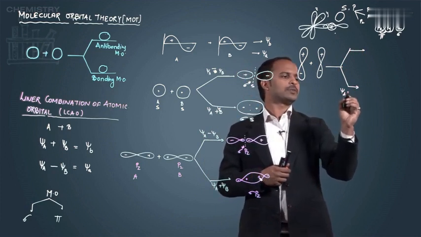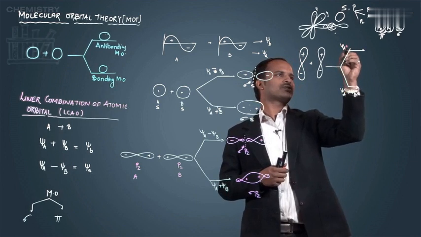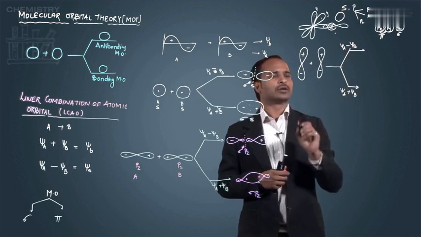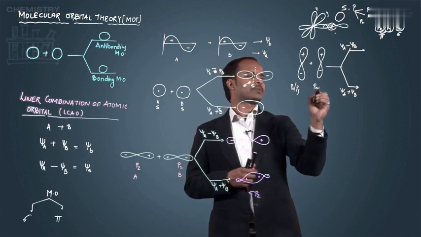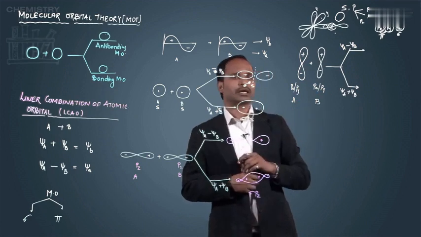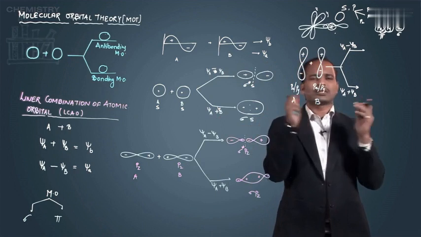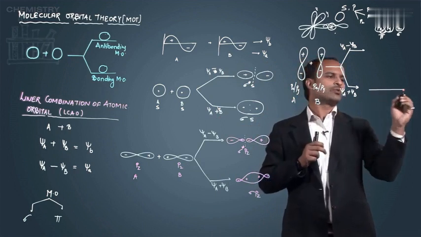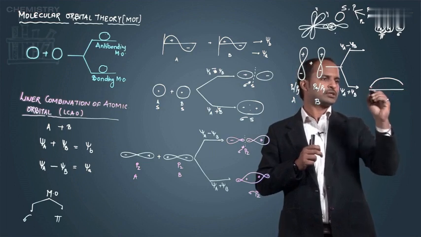Psi A plus B, that is the addition of these two orbitals, and here we have subtraction of the orbitals, that is anti-bonding. Either we can call it px or py. This is also px or py. This is from A atom and this is from B atom. If the addition takes place, addition means the overlapping is taking place, and then a node will form something like this.